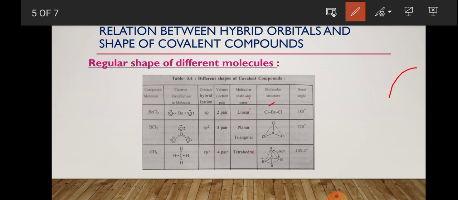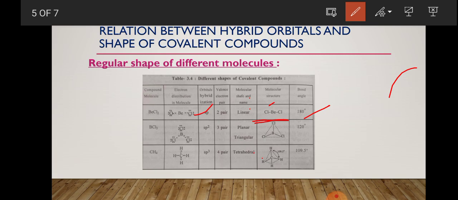Look here, beryllium chloride, here sp hybridization occur and forming two sp orbitals, and this is the linear shape of the molecule, and its bond angle is 180 degree.